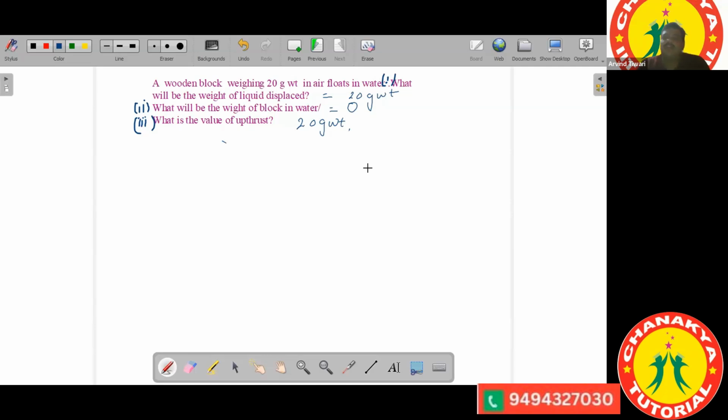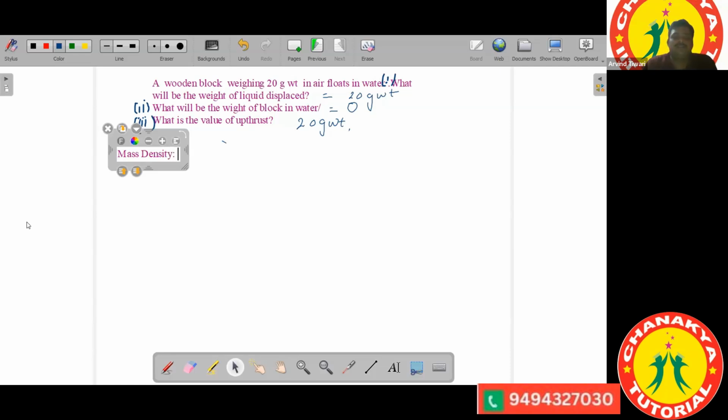Now we understand another term, that is mass density. Here we take another term which we call mass density. So what do we mean by the density of a substance?